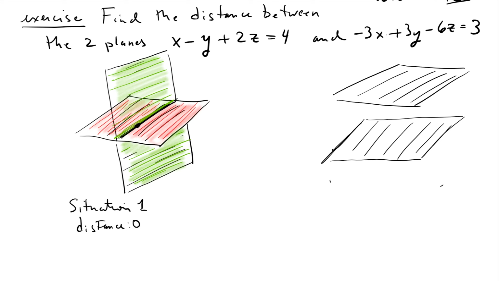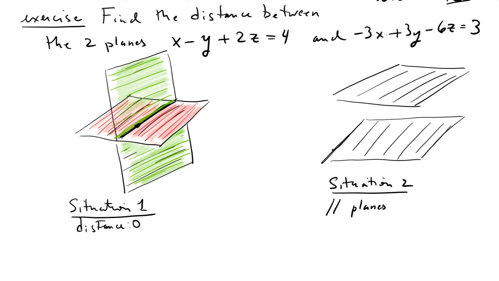If we have parallel planes, okay, this is the worst. Let me rewrite this. I don't know why it's so small. I think I know why. Situation 2: parallel planes.